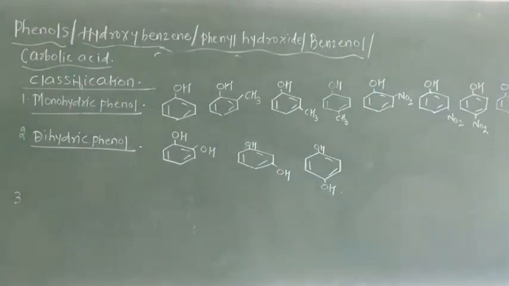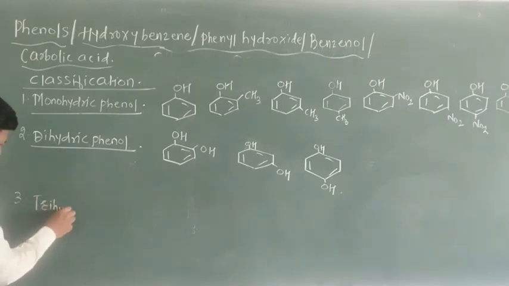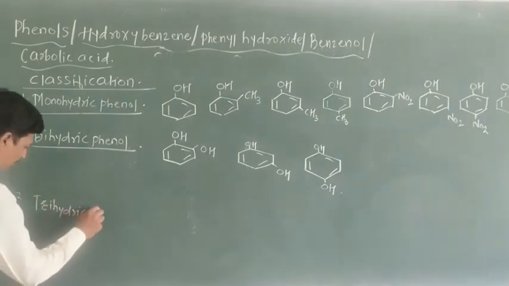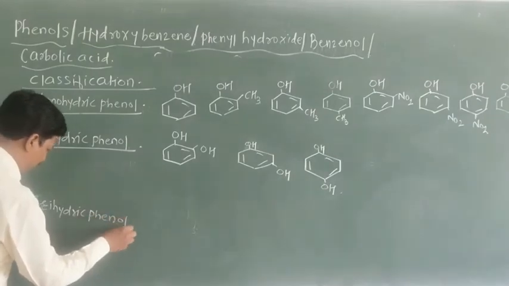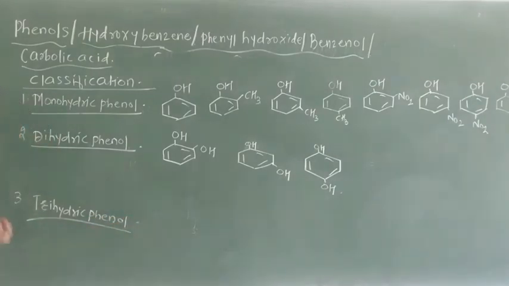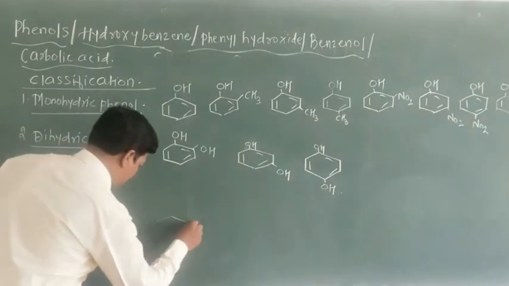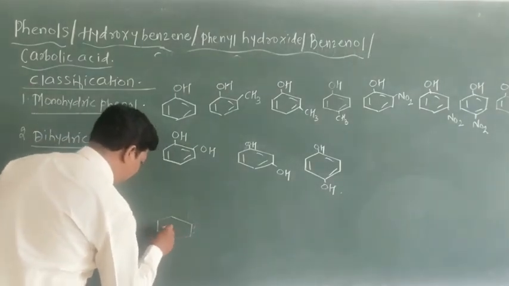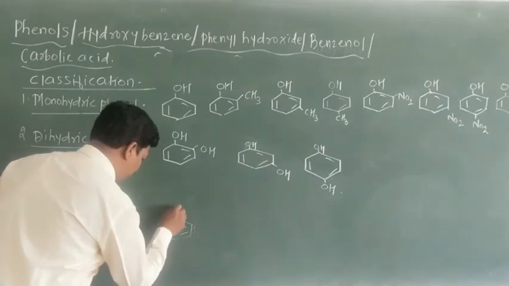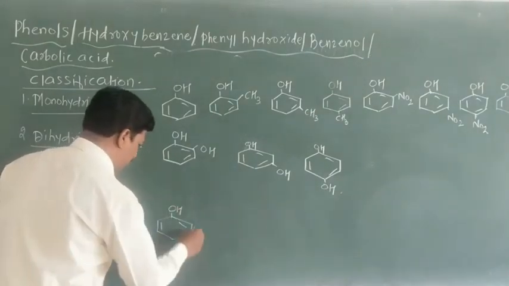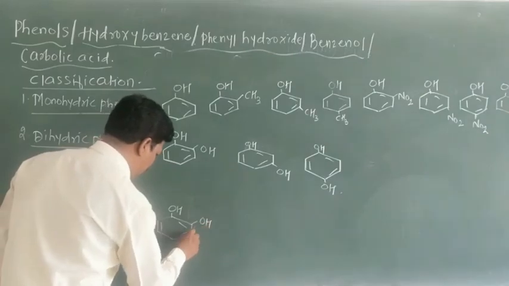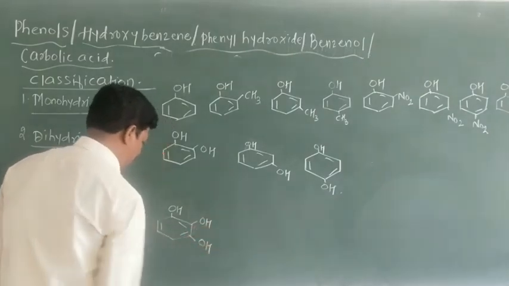And don't forget the last one, the trihydric phenol. Now, as the name indicates, how many OH groups does it contain on the benzene ring? Yes, it contains 3 OH groups on the benzene ring. On the benzene ring, OH and OH are present here.